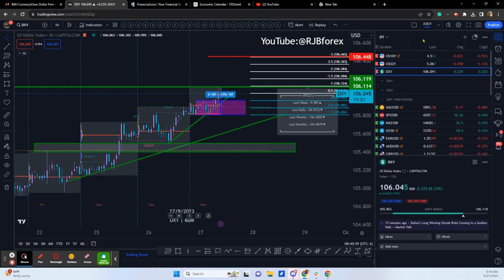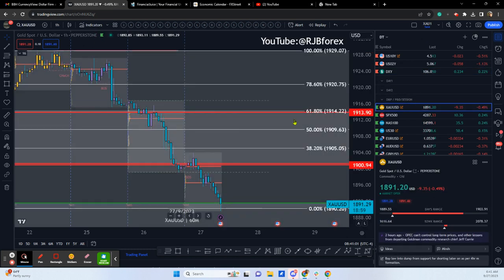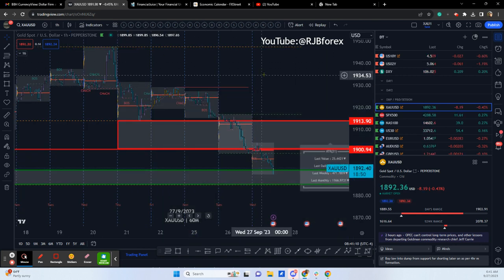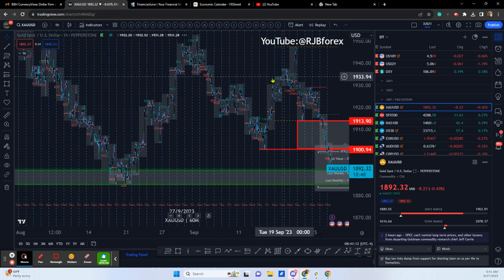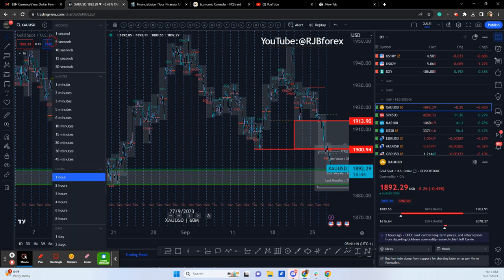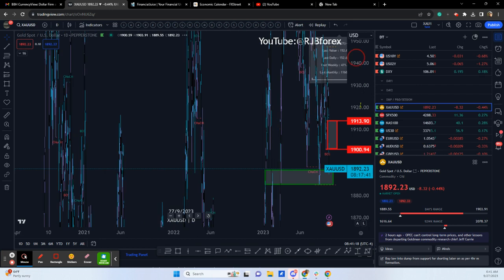Across the board, that would look like a short squeeze in gold. When we look at gold, we can see that it's in a support area on a daily chart. So here is the daily chart.